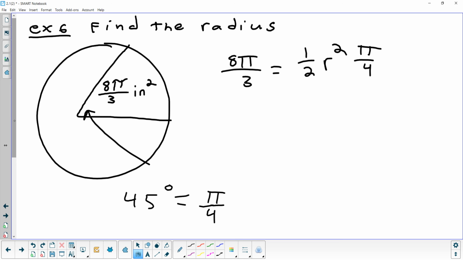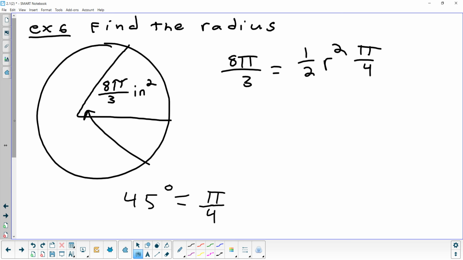Okay, so I want to get that r squared by itself. And technically, you could do 3 things in the same step. You could move the 1/2, the pi over 4, and get rid of that exponent of 2. If you're good with algebra. If that confuses you, you should probably stick with 1 step at a time.